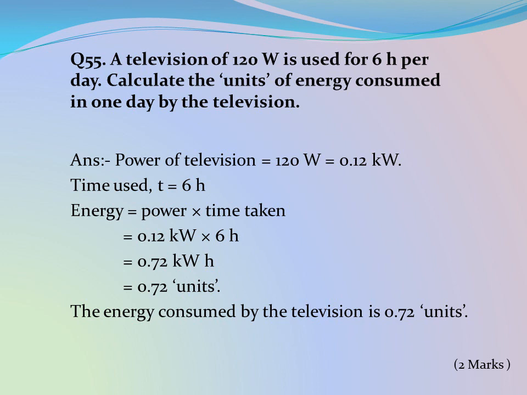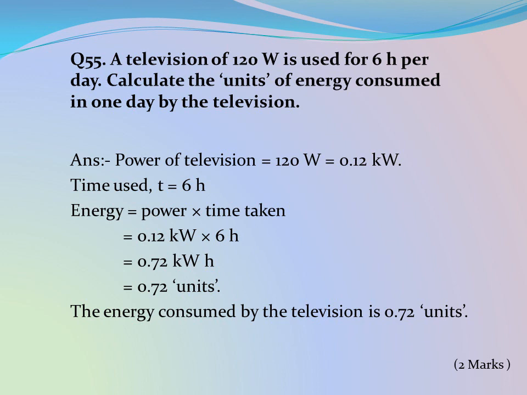Question number 55. A television of 120 watt is used for 6 hours per day. Calculate the units of energy consumed in 1 day by the television. Answer. Power of television equals 120 watt equals 0.12 kilowatt. Time used t equals 6 hours.